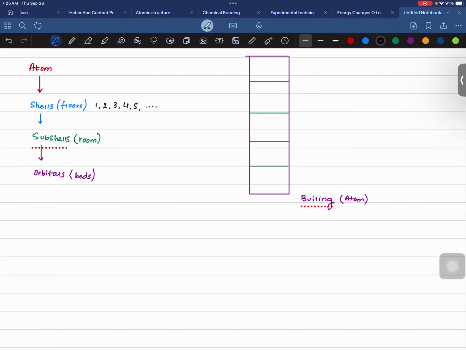And we have different subshells that are S, P, D, F. In the S subshell we have only one box, 3 boxes for P, 5 boxes for D, and 7 boxes for F. So S has only 1 orbital, P has 3 orbitals, D has 5 orbitals, and F has 7 orbitals.